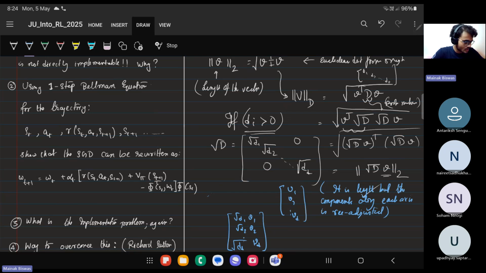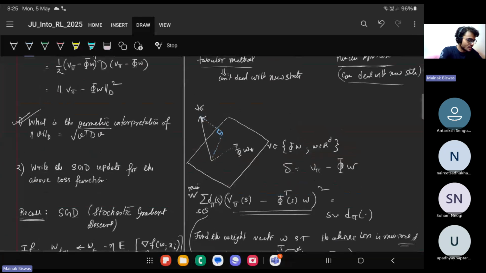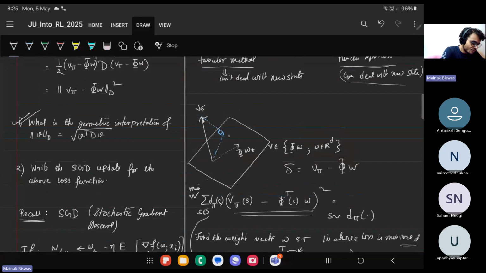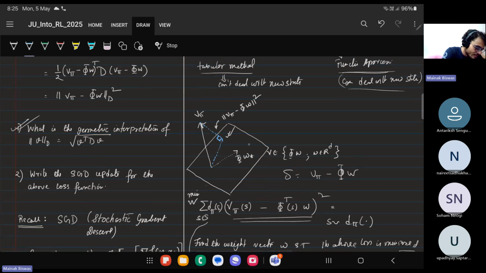So that's all for the geometric interpretation. So what happens is you end up learning, if this was minimized by v pi minus phi w squared, you now readjust each of the components. So you'll end up learning this vector, which minimizes v pi minus phi w, d squared.